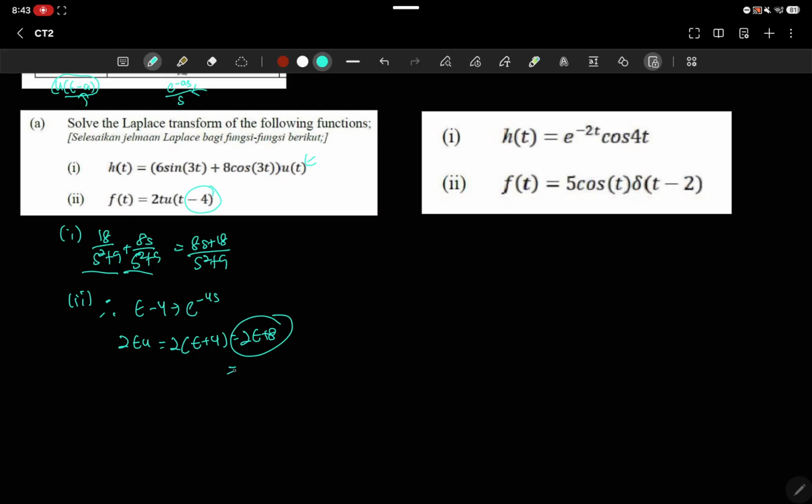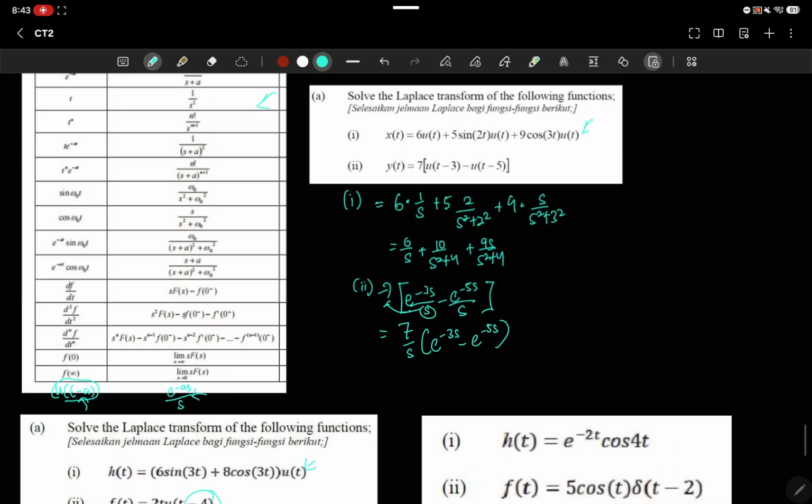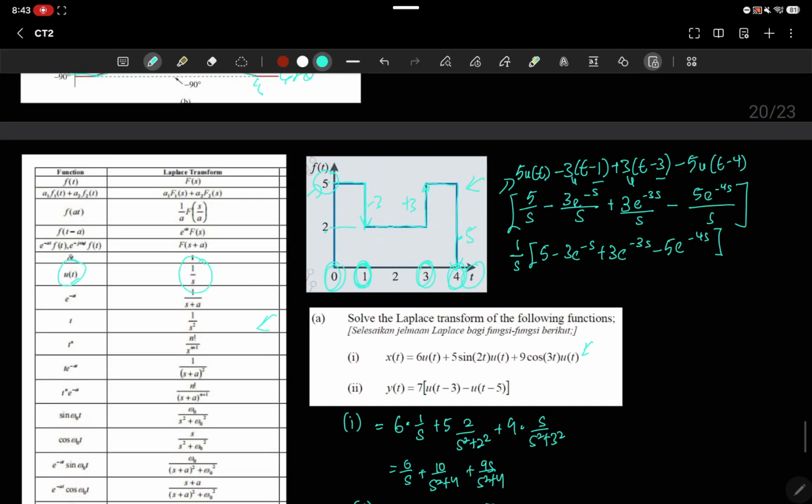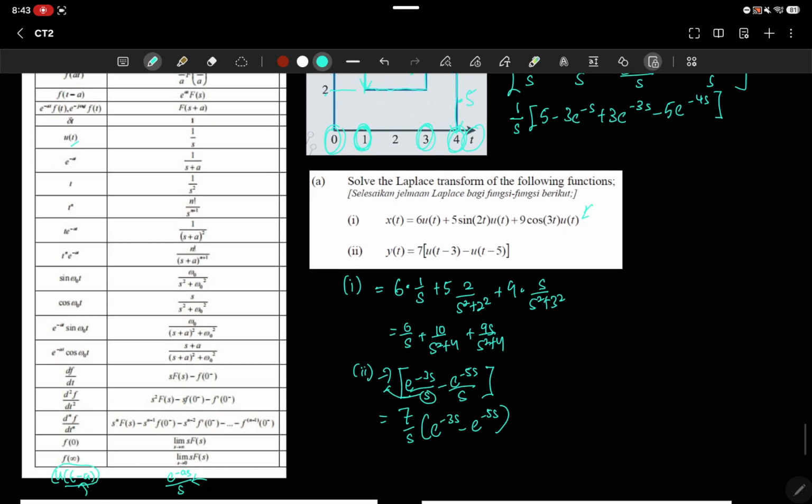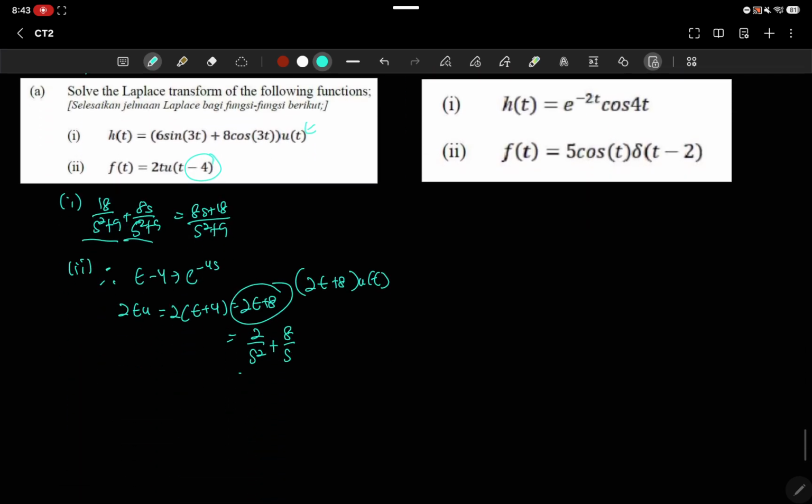When we transform this, we will get, so this is written as 2t is 2 over s squared and 8 u(t), so u(t) is this and t is this. You need to refer to the table, so you will get the answer as such.